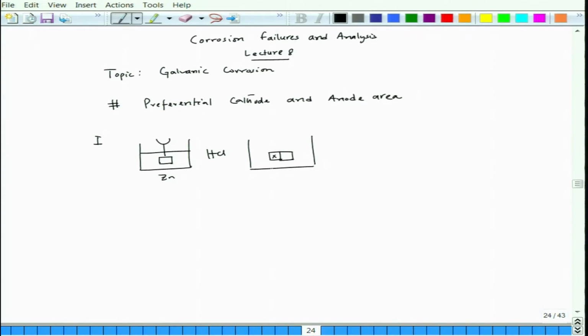Let us say this is iron and this is zinc. This is a two-metal contact, and here also we measure the weight.